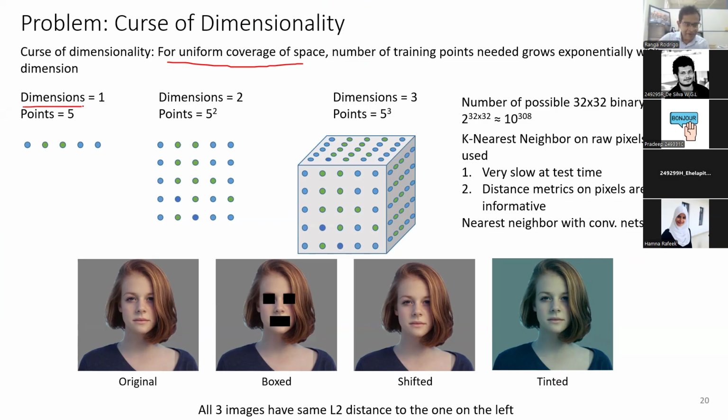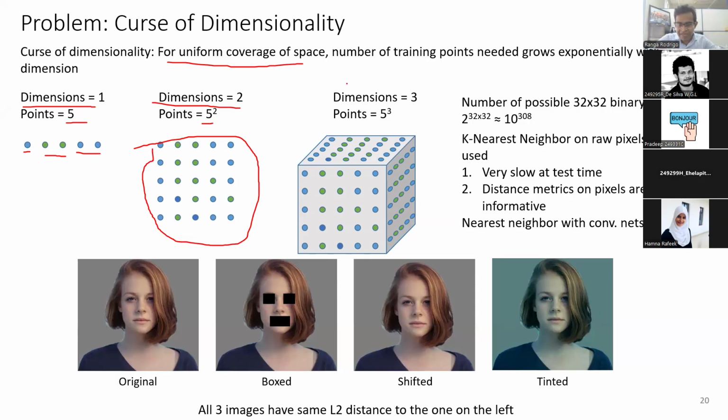Let's call dimension 1, only the x-axis. 5 points are there, the blue points and the green points. The whole space is nicely represented, right? With blue and green points. But if you take dimension equals 2, there are 5 squared, or 25 points, to represent the two-dimensional space generally equally.